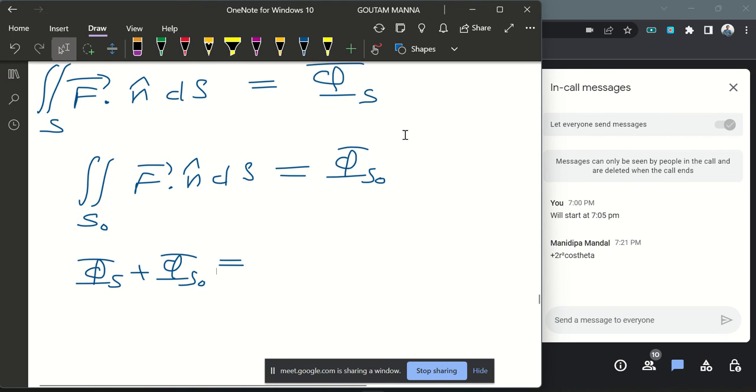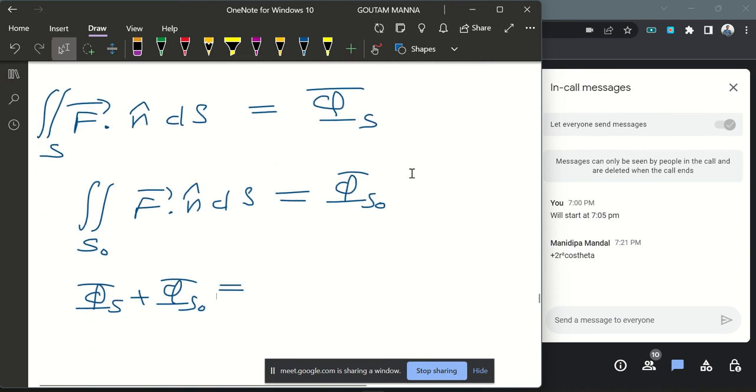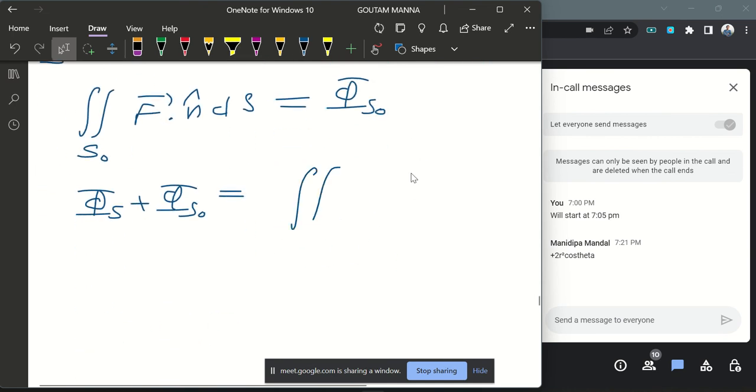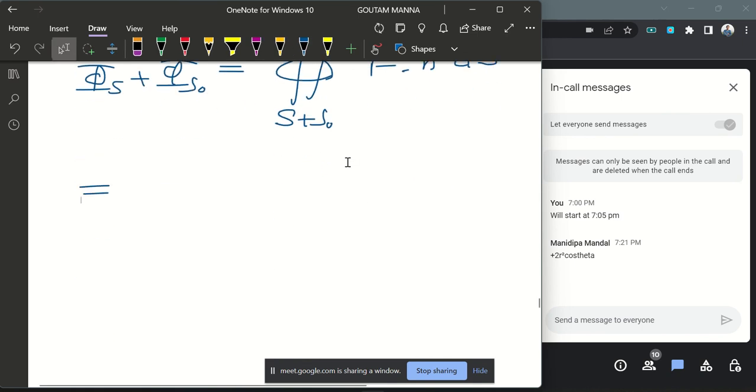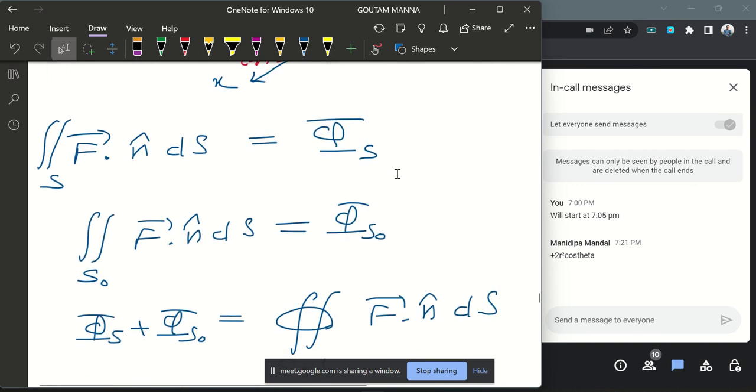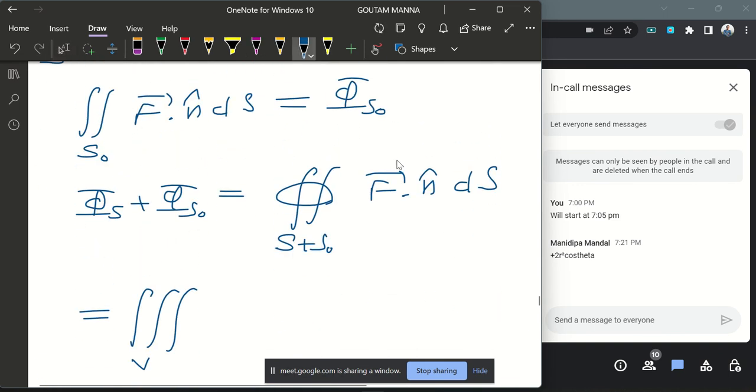So phi S plus phi S0 is the integral over the closed surface S plus S0 of F dot n dS. Now if we apply the Gauss divergence theorem, it will be the volume integral over the volume of the cube of divergence of F dV.